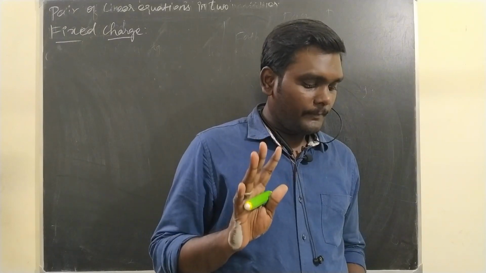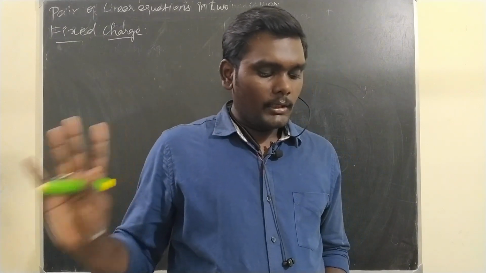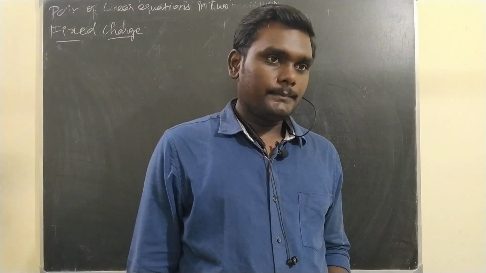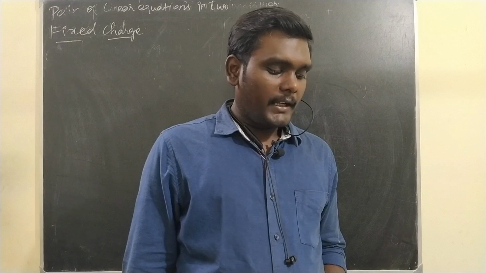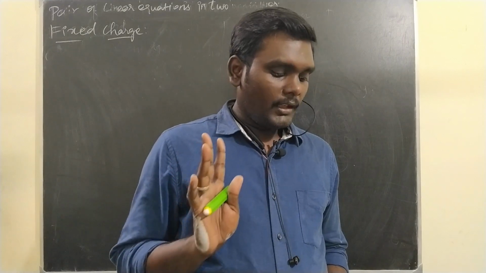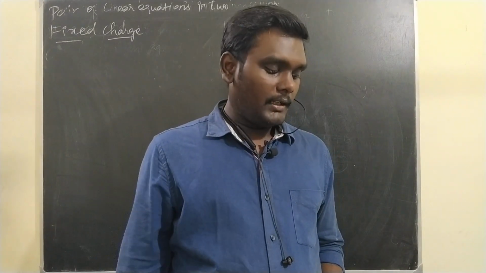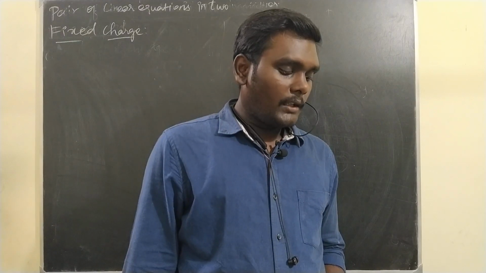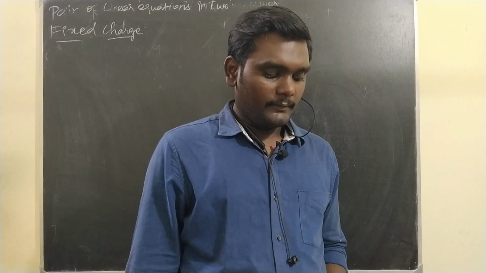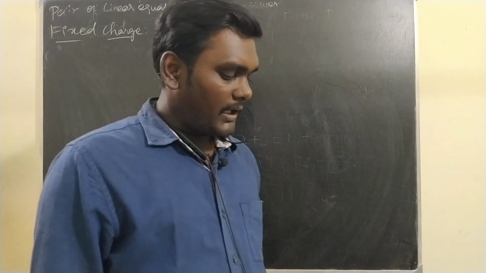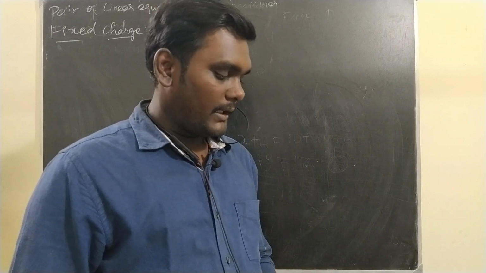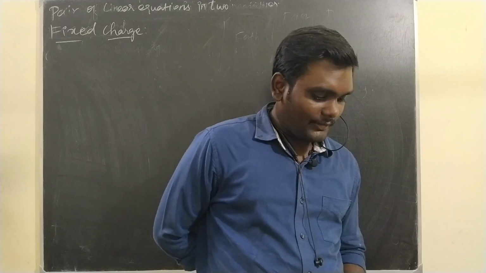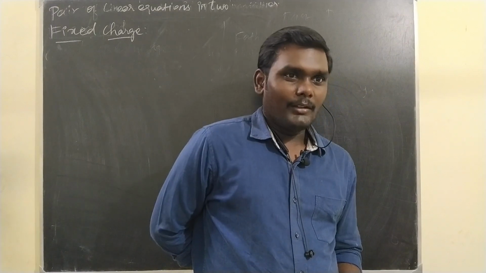For a distance of 10 km, the charge paid is rupees 105. And for a journey of 25 km, the charge paid is rupees 155. What are the fixed charge and the charge per kilometer? How much does a person have to pay for traveling a distance of 25 km? Okay, 25 km they already gave, no? 155, that's all.